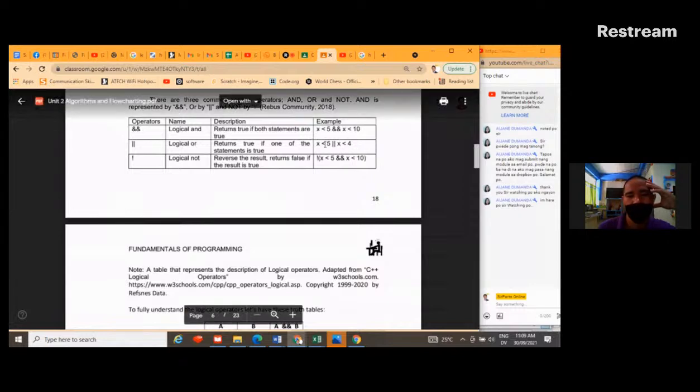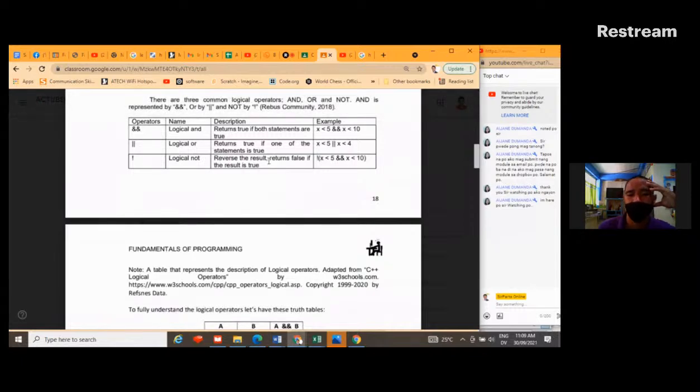So if one of the statements either on the left or on the right is true, the output would be true. And the logical NOT, you have to reverse the value. Like for example, if the value is false, the result is true. So for example, this one, not x is less than 5 and x is less than 10.